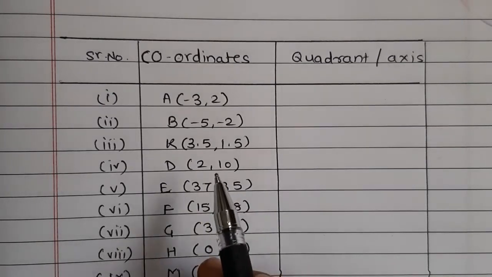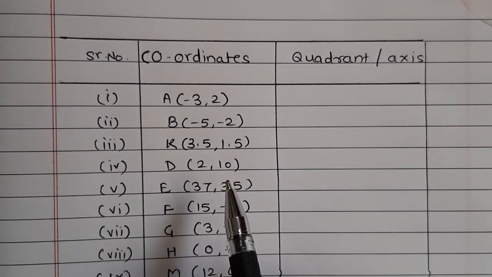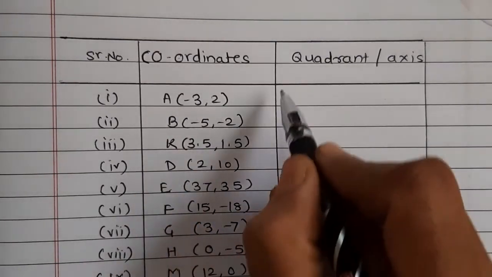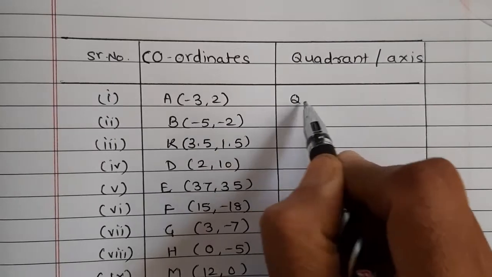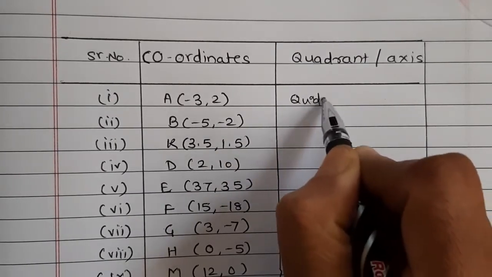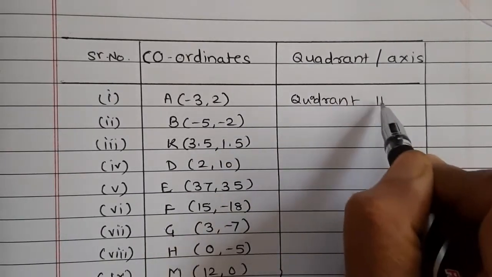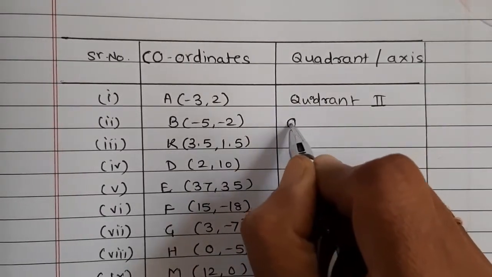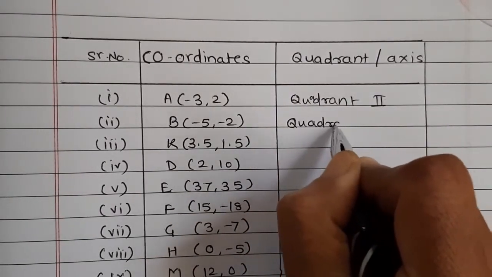Now the first one is given: (-3, 2). As we know, -3 means it is on the left side of the origin, and 2 is positive on the y-axis. So we can say that this point lies in quadrant 2. Then B (-5, -2) lies in the third quadrant.